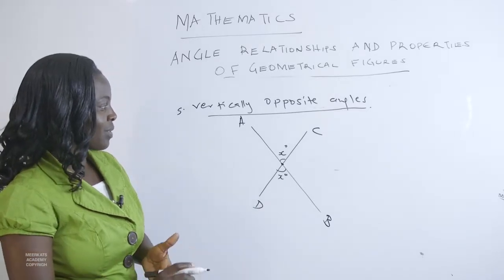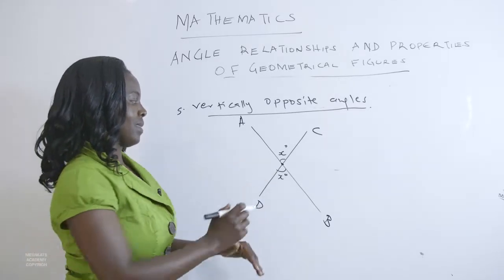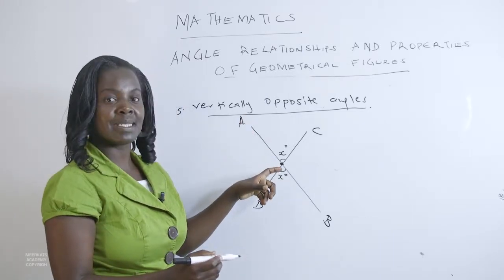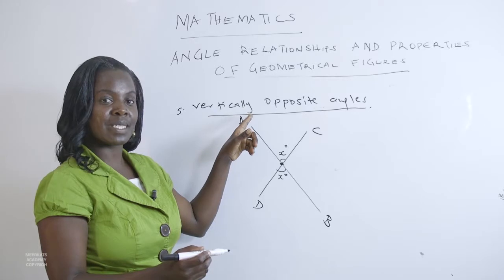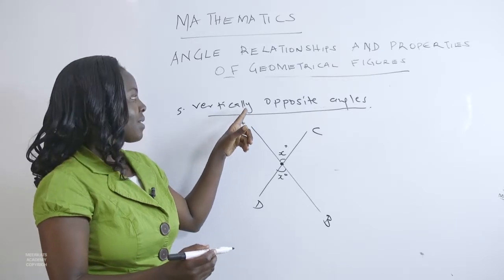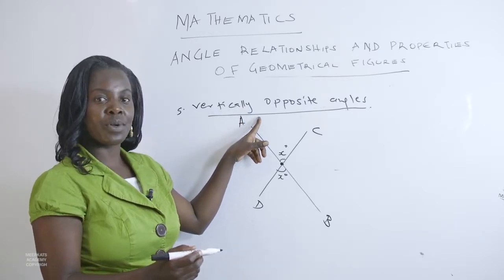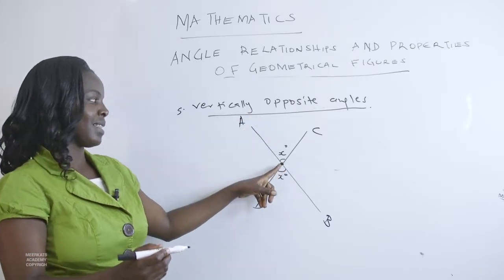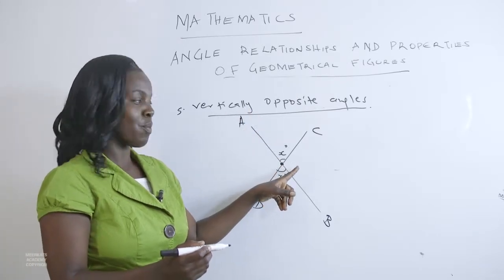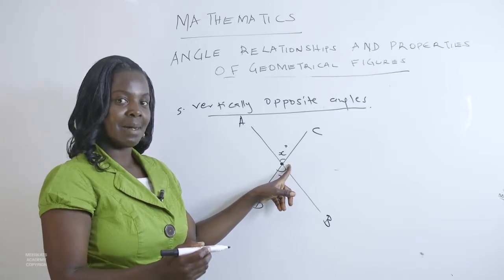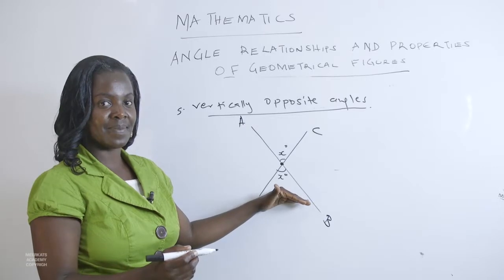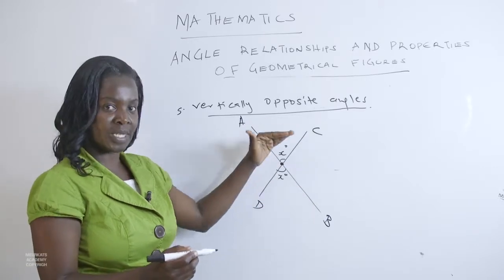Vertically opposite means they share a common vertex, but they are on opposite ends of each other. One is on top of the other; they are opposite.